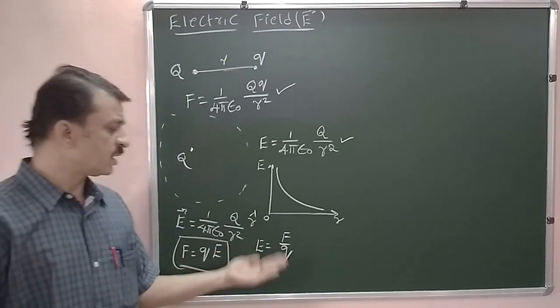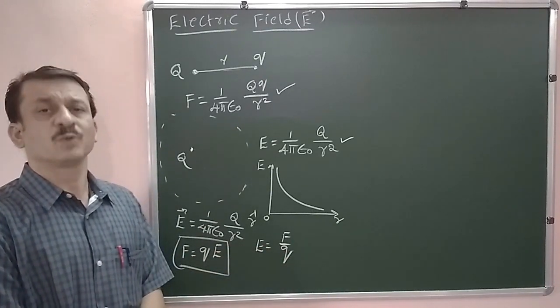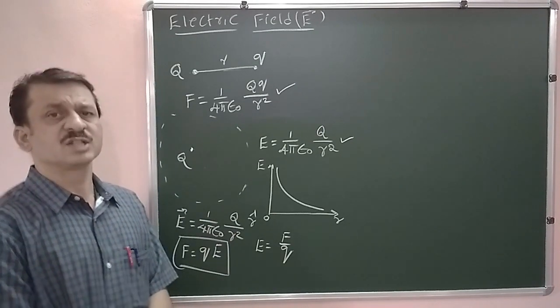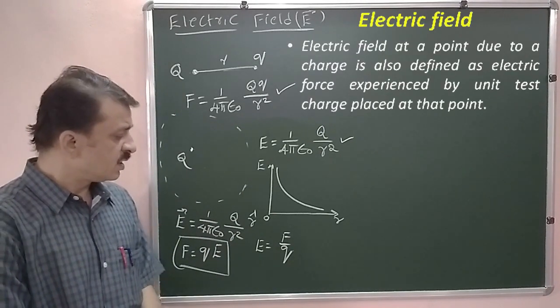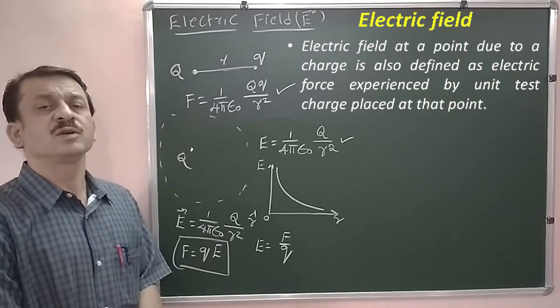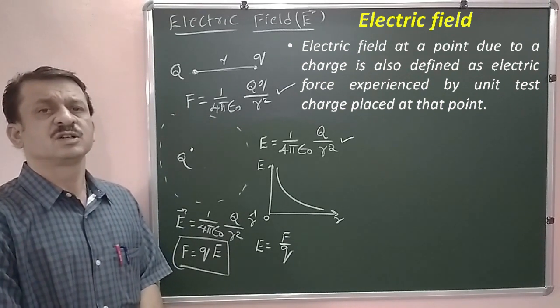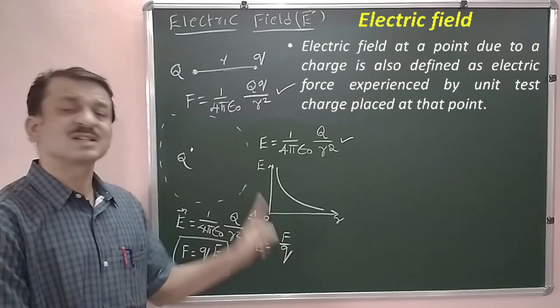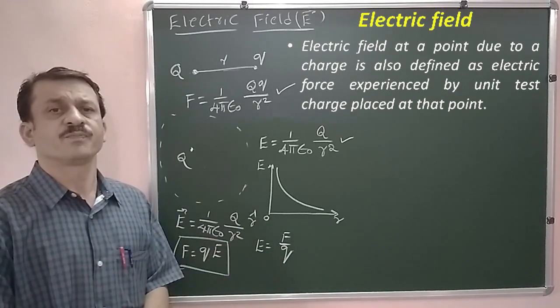Therefore, we can also define the electric field at a point due to a point charge as the force a unit positive test charge will experience when placed at that point.